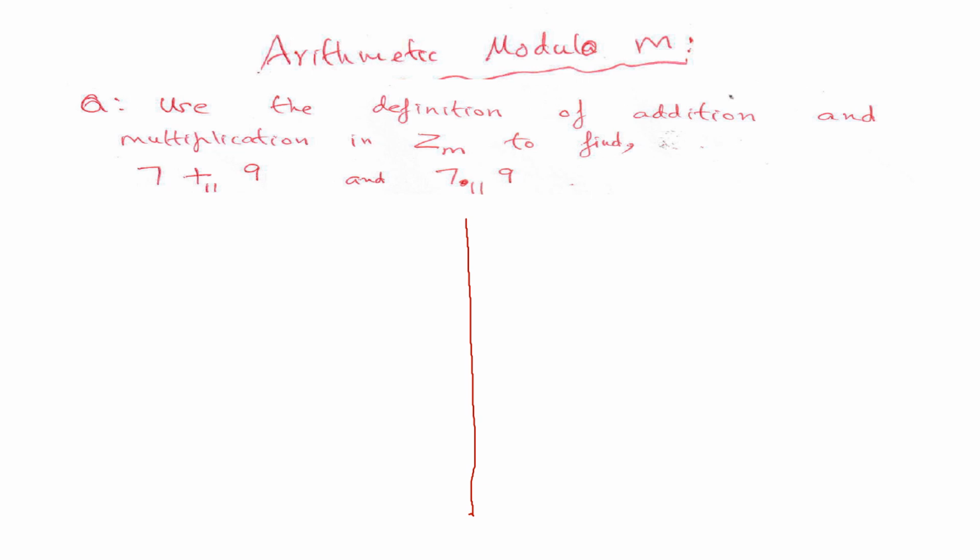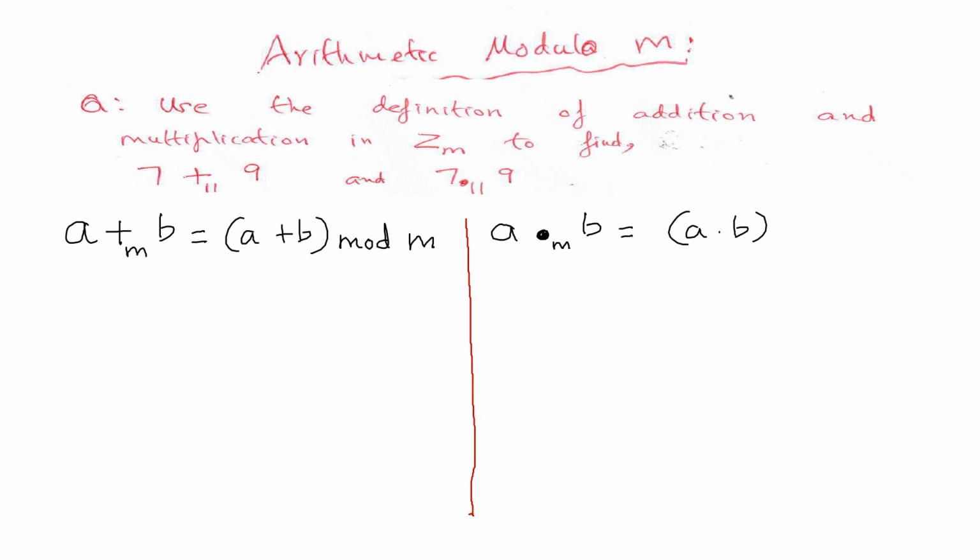First you should understand the definition. The definition of addition here is a +_m b is equal to (a + b) mod m. And the multiplication operation is a ·_m b is equal to (a × b) mod m, the normal multiplication operation.